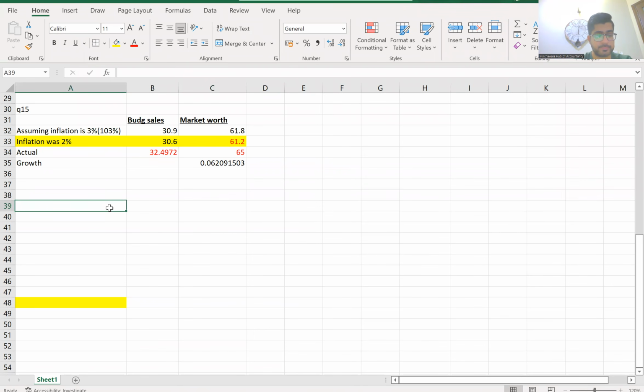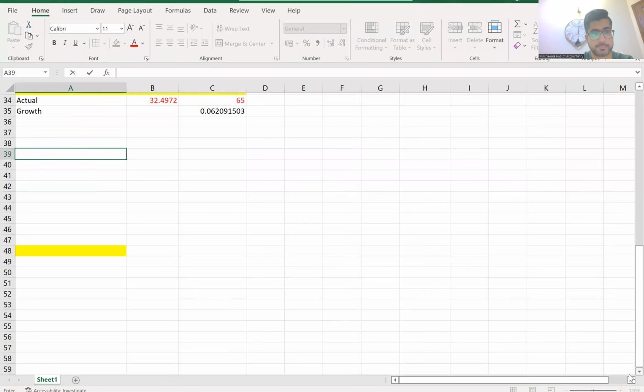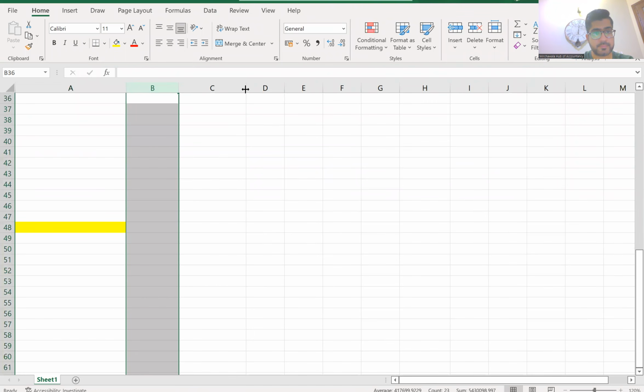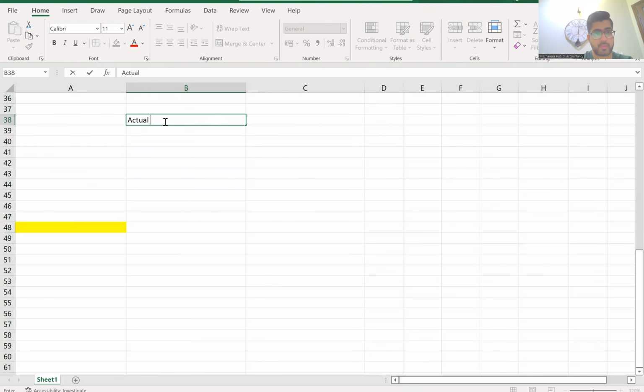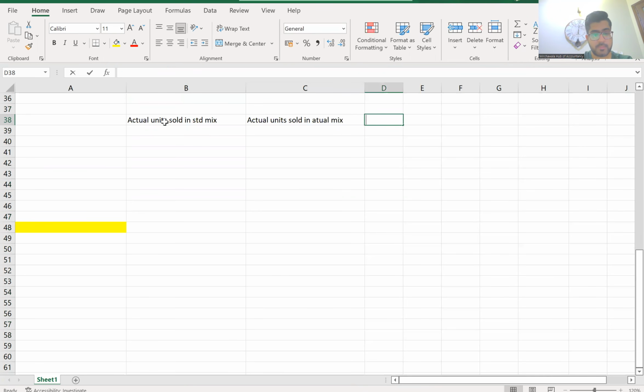For sales mix variance, you take actual units sold in standard mix, and compare with actual units sold in actual mix, which makes mix variance, times standard profit or standard contribution per unit, giving mix variance in dollars.